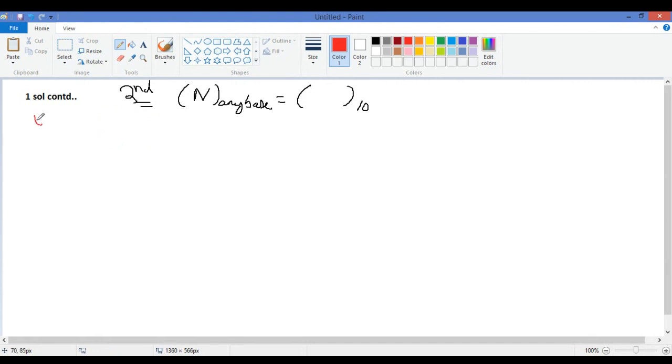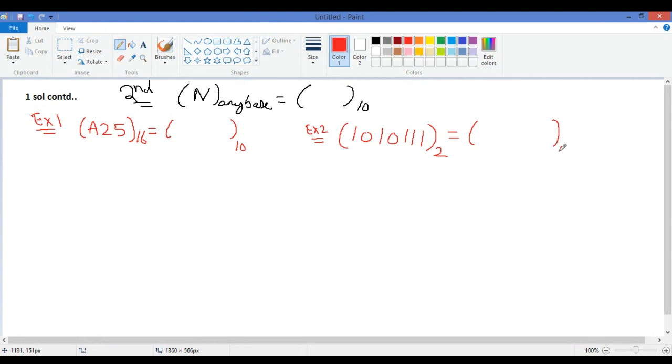So I will take example 1 as A25 base 16, convert this to base 10, and then I will take example 2. 101011, which is in binary. Okay, convert this into base 10. Okay, so from any base 16 or base 2 or base 7, base 8, whatever it is.